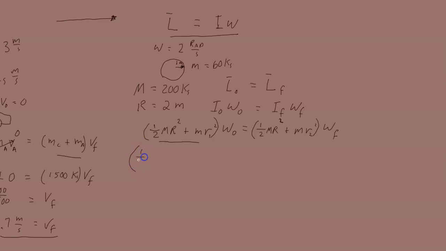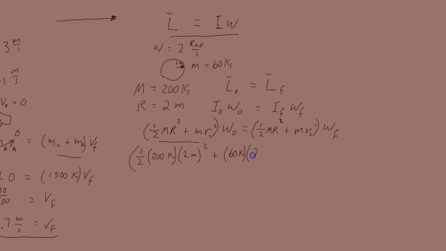So we have 1/2 the mass of the merry-go-round, which is 200, and the radius of the merry-go-round is 2. Plus we have the point mass, which is a person, so 60 kilograms times their radius.